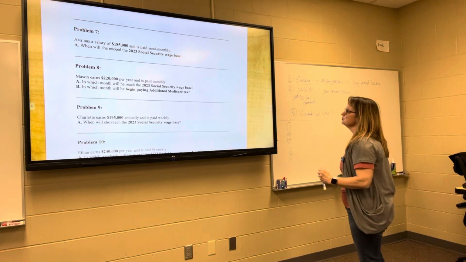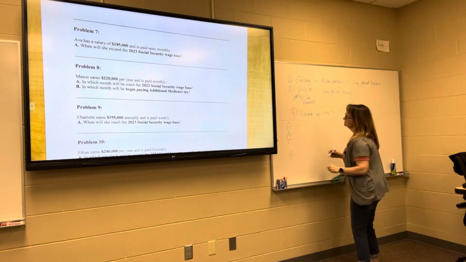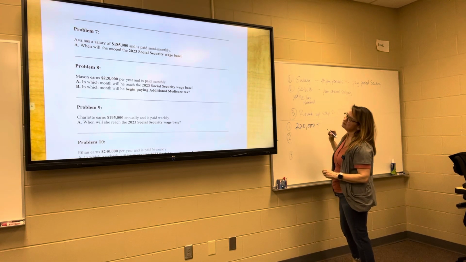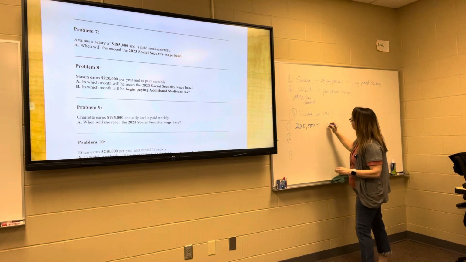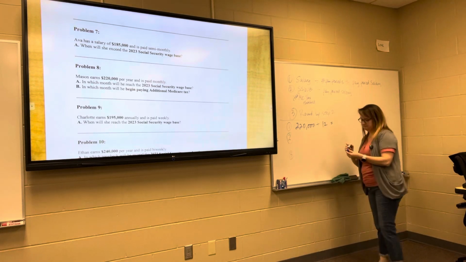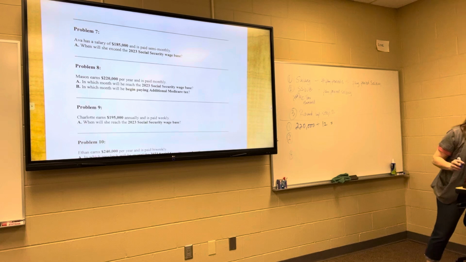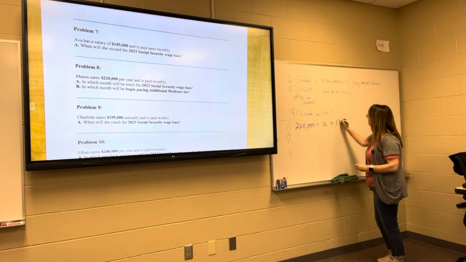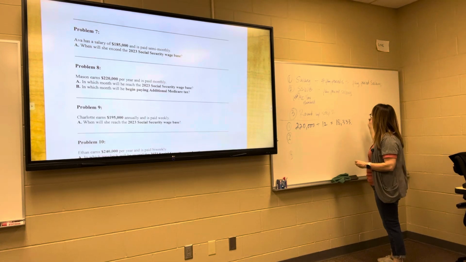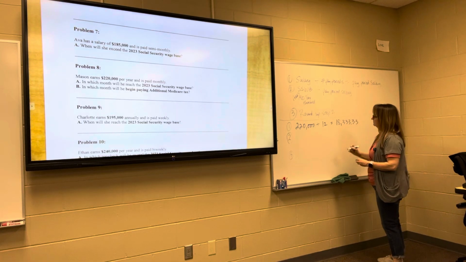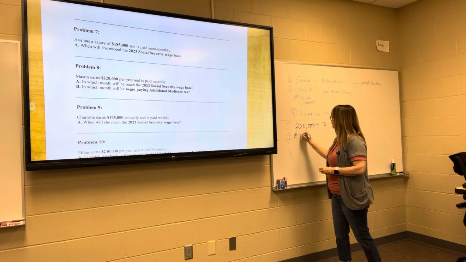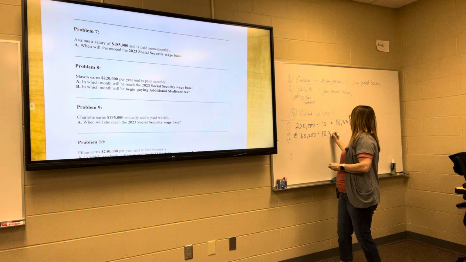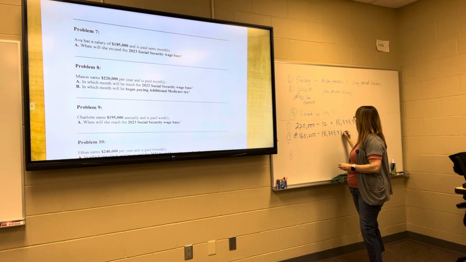Next one, 220,000. So we've got two parts to this one. So 220 divided by, paid monthly, 12. What do we get? $1,833.33. Okay. And then the first part of this, 160,200 by 1,833.33.